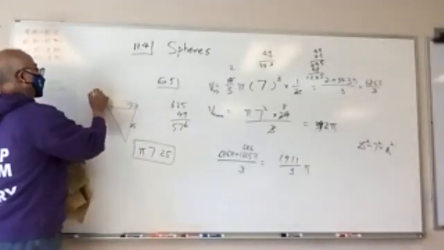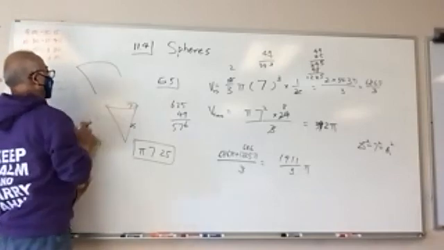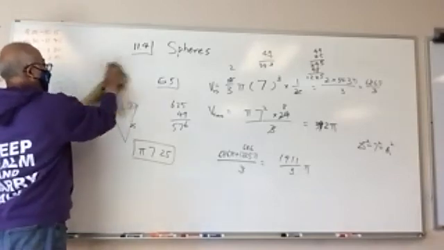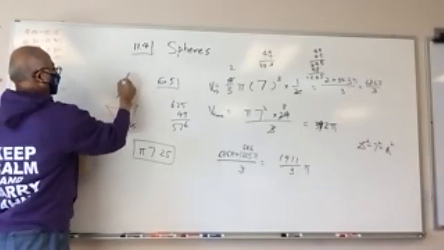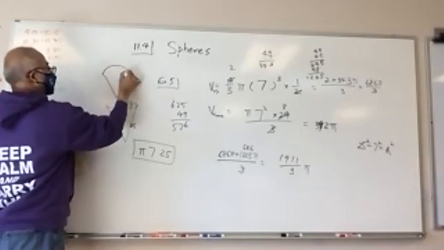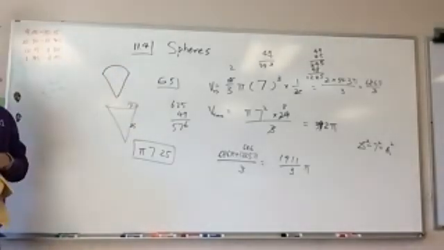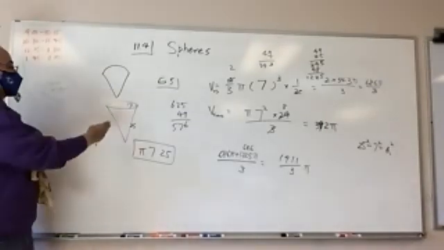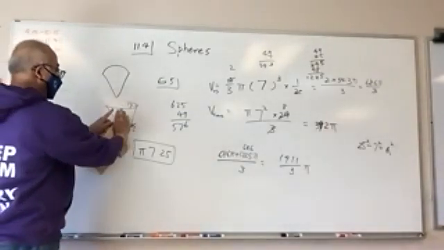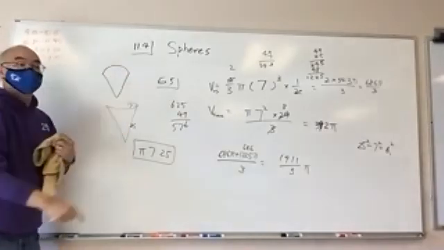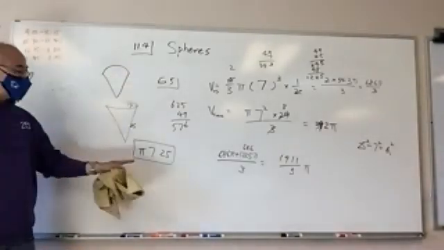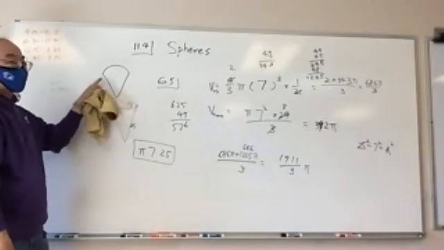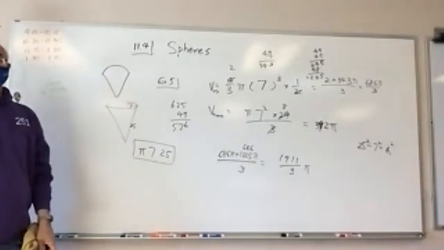So this is just the side area when I cut it open and I flop it open, right? It's going to look like this, right? If I cut this guy right here and I flop it open, it's going to look like that. So that's how you calculate this area.